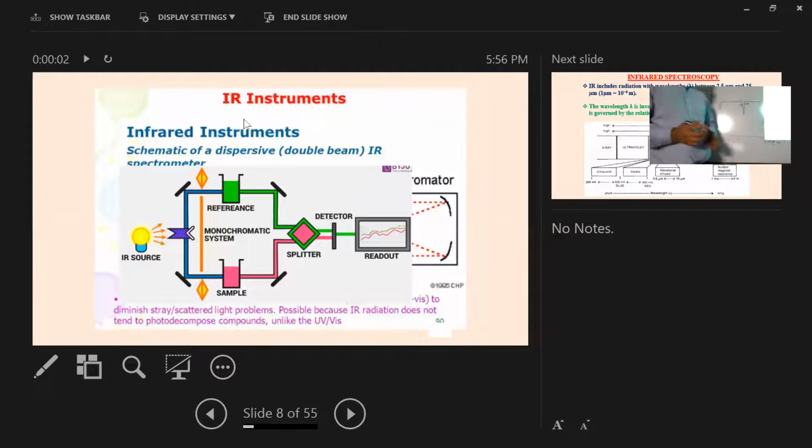Maybe later I will show you. So here we will have some possibility to absorb the light. Just when it crosses this region, again the sample and the reference have exactly the same intensity. When it approaches this one, we will again have a little bit of change.